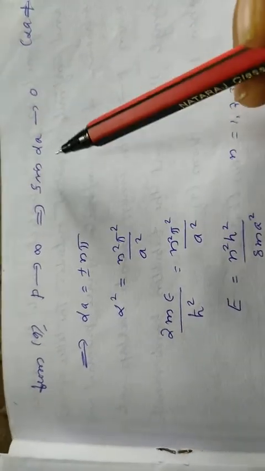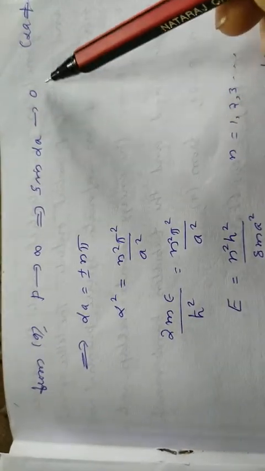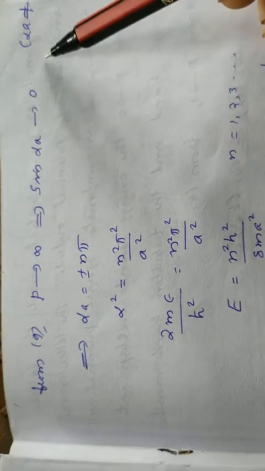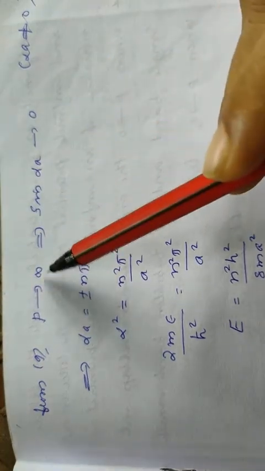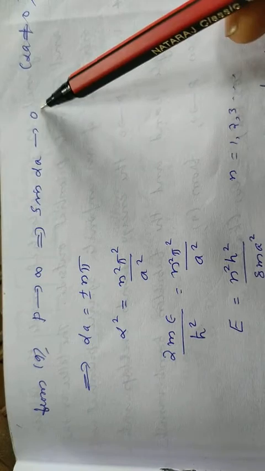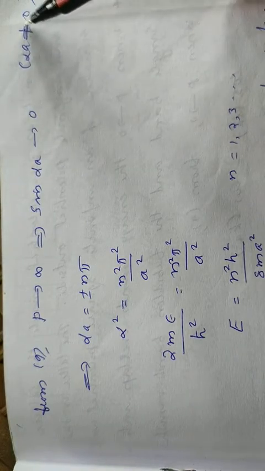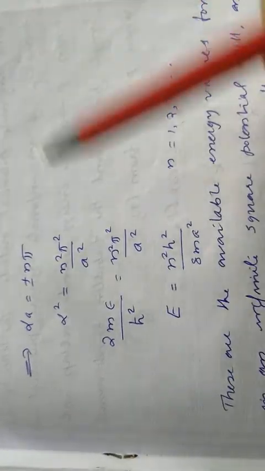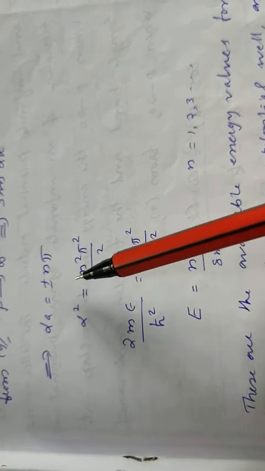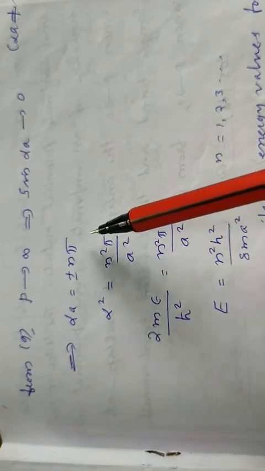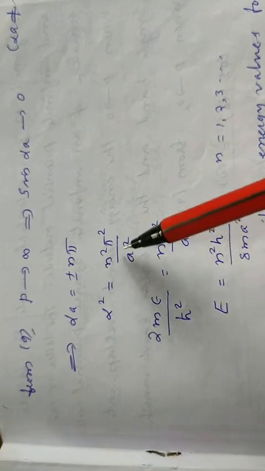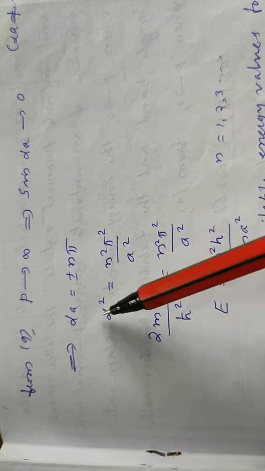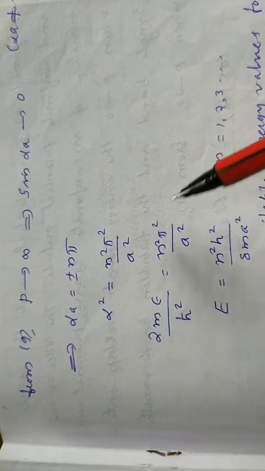So when P tends to infinity, what will happen? The first term, the sin alpha a term, will tend to 0 because of the infinity in the first term, so sin alpha a will be 0, but alpha a is not equal to 0. So alpha a can be plus or minus n pi. So alpha square is equal to n square pi square by a square. Alpha square is 2mE by h cut square.